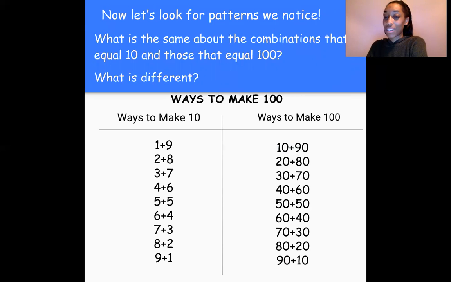So you probably said something like, I noticed that 9 plus 1 equals 10, but then 90 plus 10 equals 100. The same digits are in both of these numbers and both of these addends. And 10 tens makes 100.